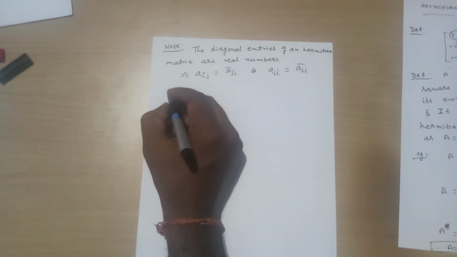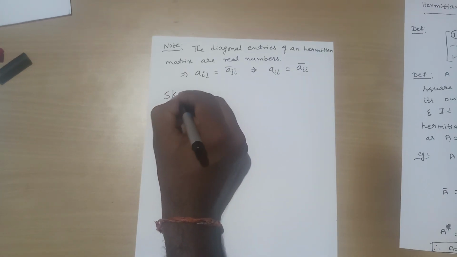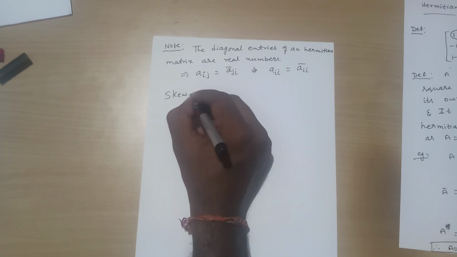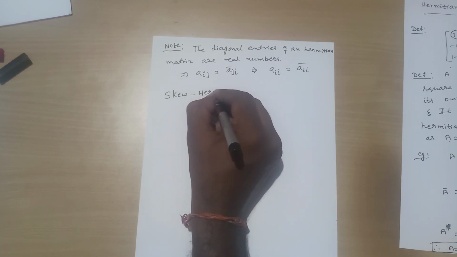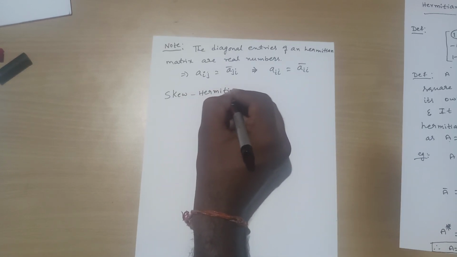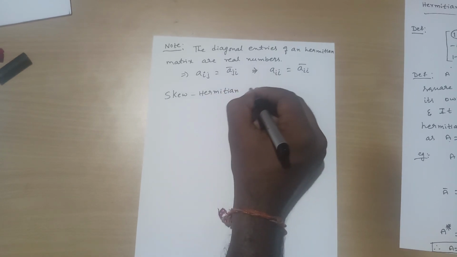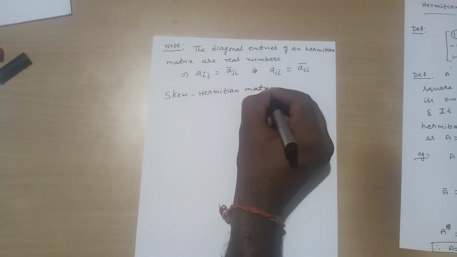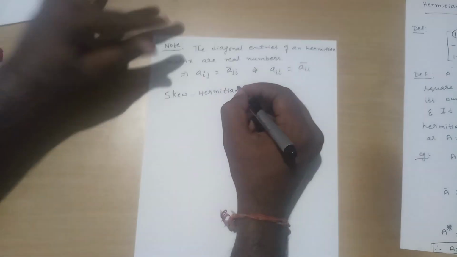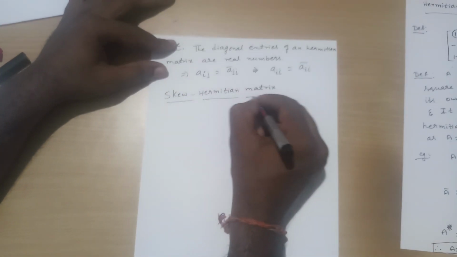So next here, skew Hermitian matrix. So how will you find out it is a skew Hermitian matrix?